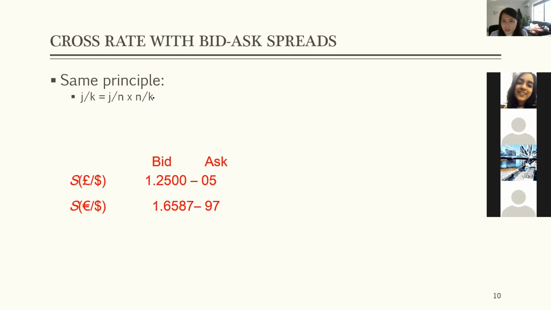From the previous slide, we have looked at how to calculate the cross rate from two different exchange rates. We said that if we want to find the pound over euro exchange rate, we take the pound divided by the USD times the USD divided by the euro.